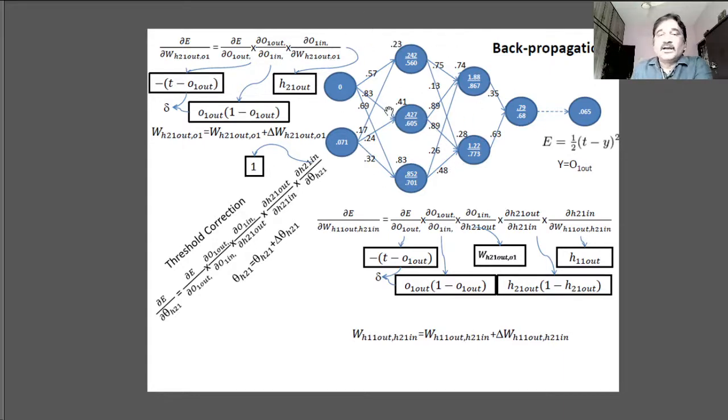So I'll be taking the differentiation of the error with respect to this weight, specified by H11 out, comma H21 in.